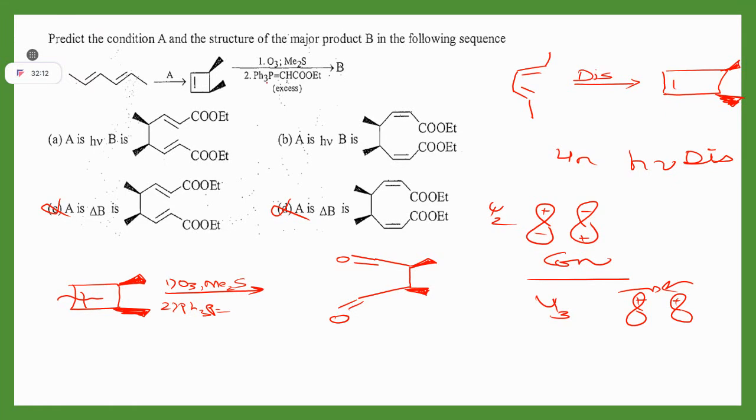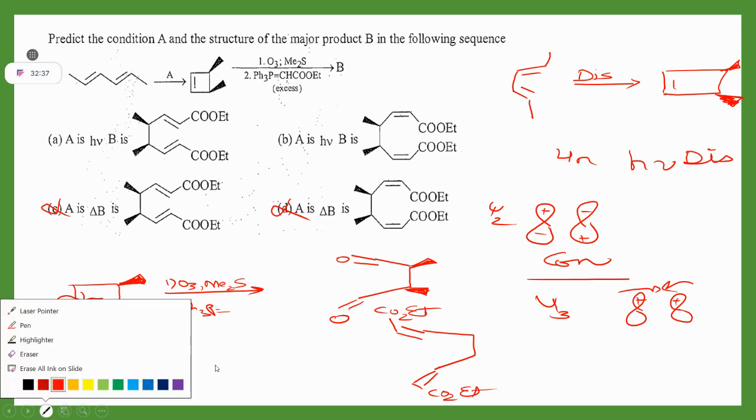Now in the next step, what is given is your Wittig salt, right? So basically, this is going to form your double bond. Obviously, it will be E. Is this ylide your stabilized ylide or unstabilized ylide?